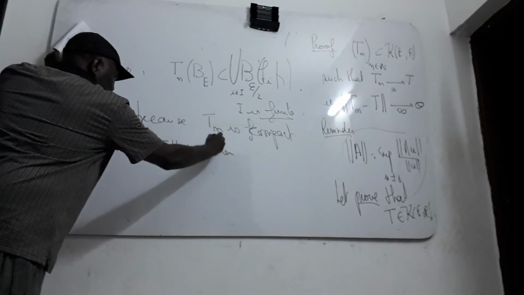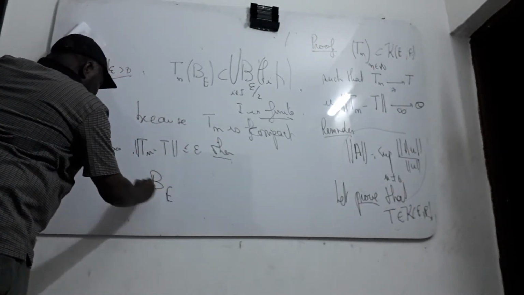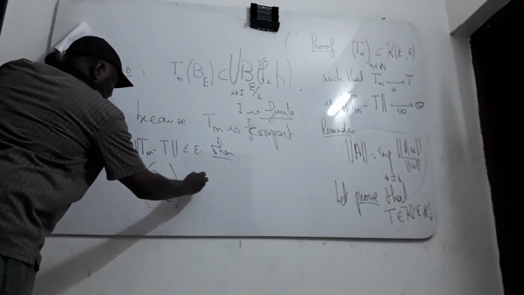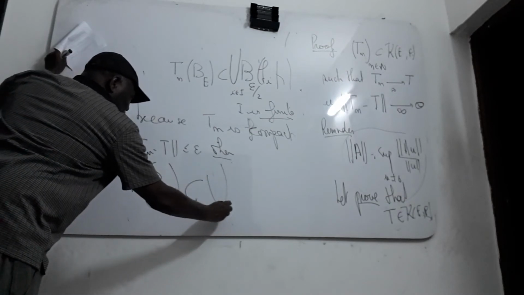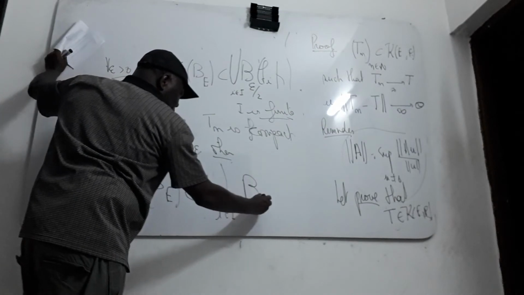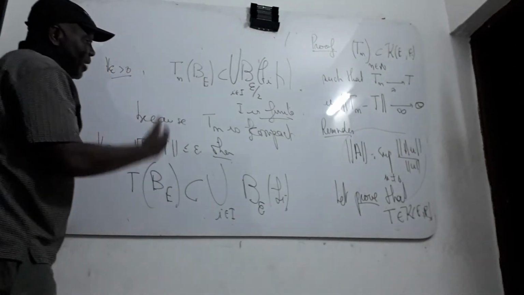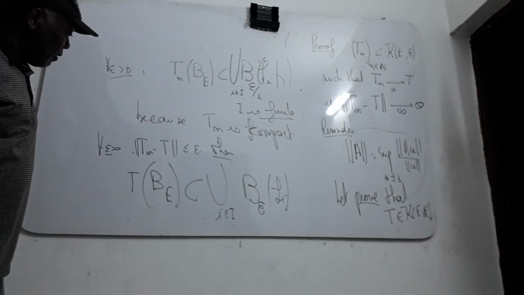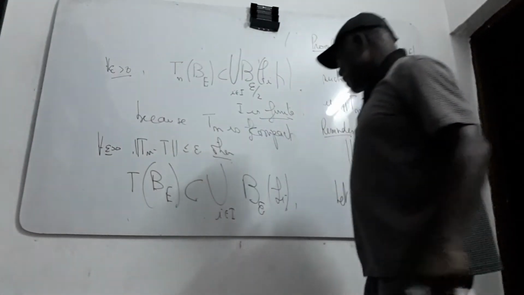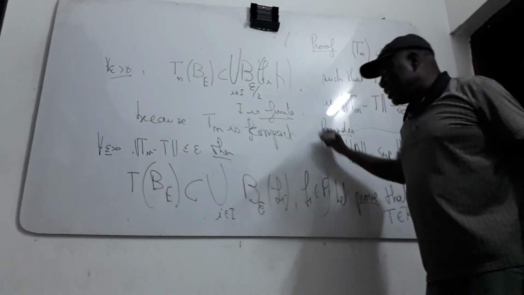Then from here you can take the closure of Tn, taking the ball of this one. It will be contained in the ball of the same set, but of radius epsilon, of which fi is just the center, an element of E.